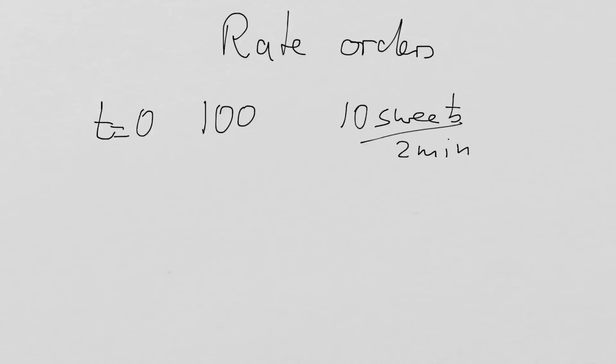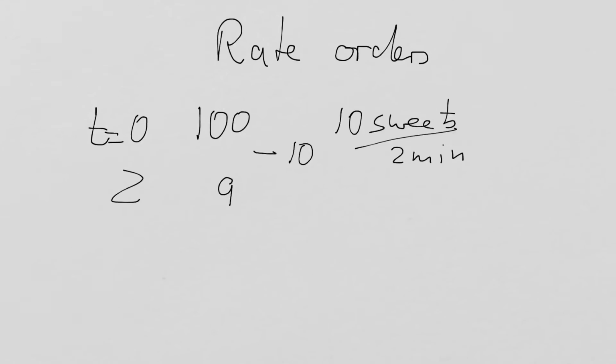I tell you how I would have done it, right? Because I'm a barefoot mathematician who has to do it always in the simplest possible way. I would have said, after 2 minutes, I've eaten 10, I've got 90 left.